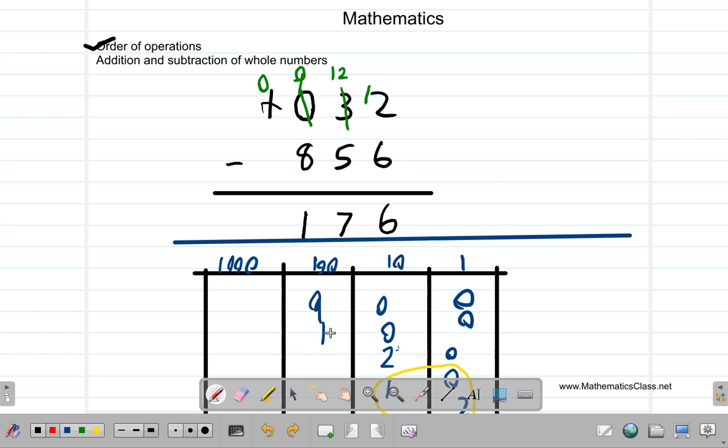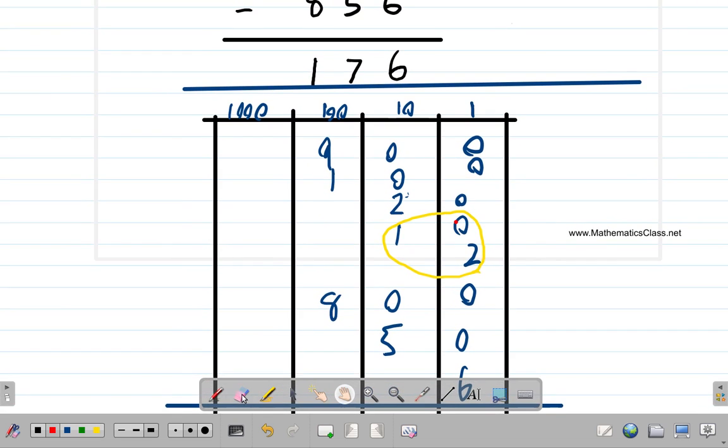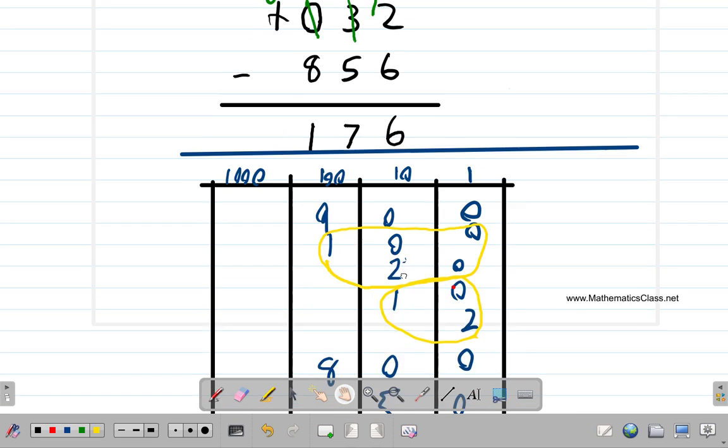Now, this one is actually this one that you have in front of the 2, because what you really have here is 120. You see that? So it looks like 12 minus 5, as was the case here.